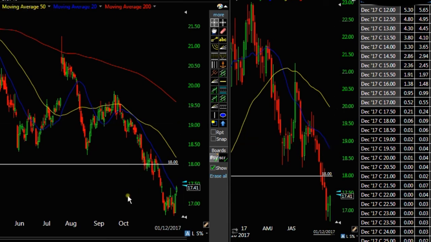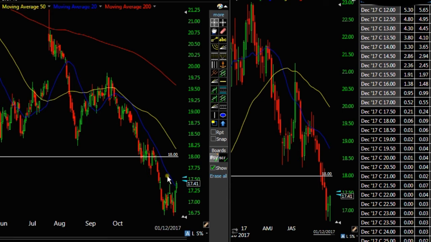Now, the risk with options is that if the stock remains below $18, the option will begin to decay in value, and it would decay all the way to zero. So whenever we trade options, we are always mindful that if a trade does not work out, and no trade is ever guaranteed, however, we are trading when the odds are overwhelmingly in our favor, and one has to bear in mind, if the trade does not work out, one would lose up to 100% of what they invest in this position.